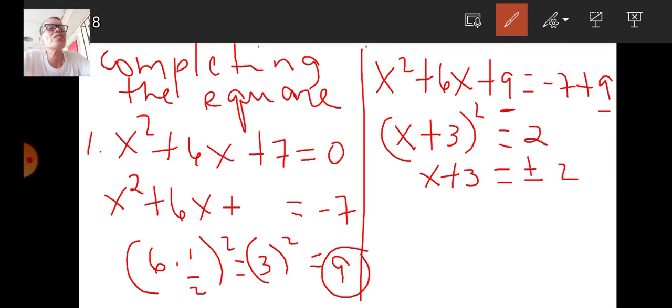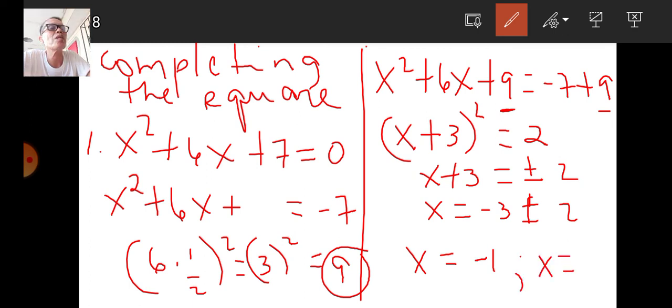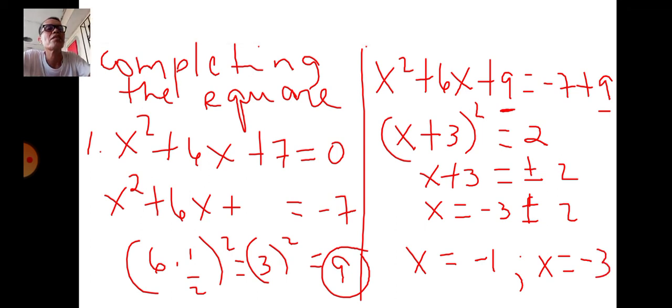Then transpose 3 to the other side, the equation becomes x is equal to negative 3 plus minus 2. So therefore, x must be equal to negative 3 plus 2, which is negative 1, and x must also be equal to negative 3 minus 2, so negative 5, sorry.